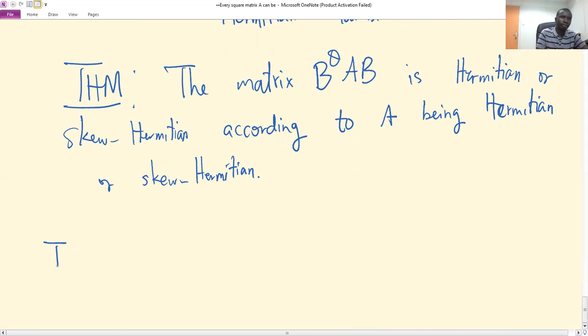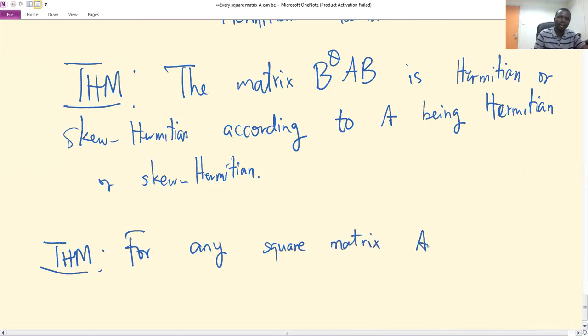And then another result: for any square matrix A, if A times A power theta is an identity matrix, then A power theta times A is an identity matrix.